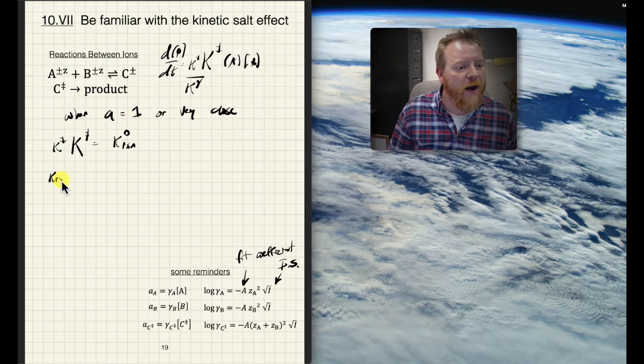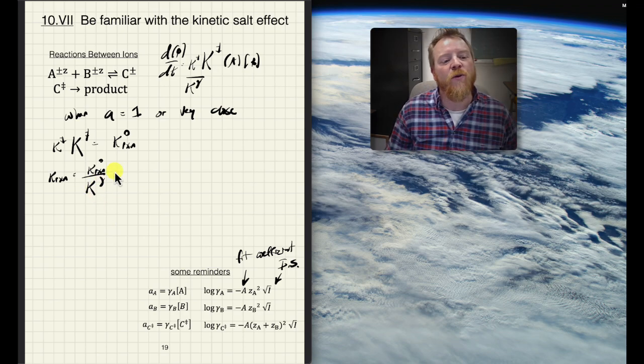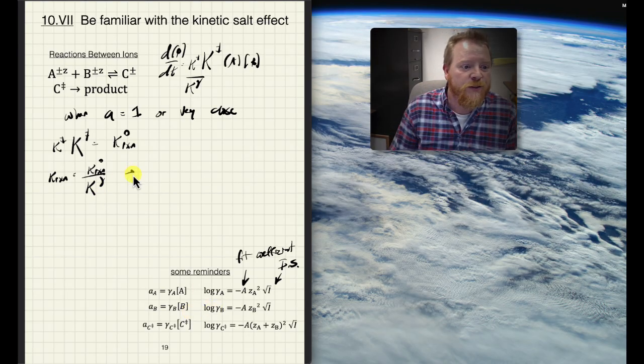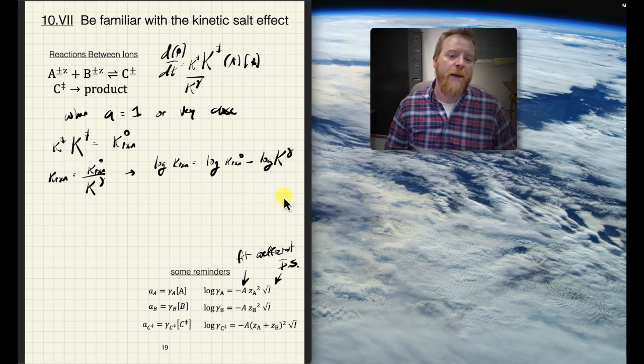So now I'm going to write k reaction equals k reaction standard all divided by big K gamma. And it's convenient to write this in terms of logs because we have the logs all right here. So I'll go ahead and do that. I'm going to write this as the log of k reaction equals the log of k reaction standard minus the log of big K gamma.